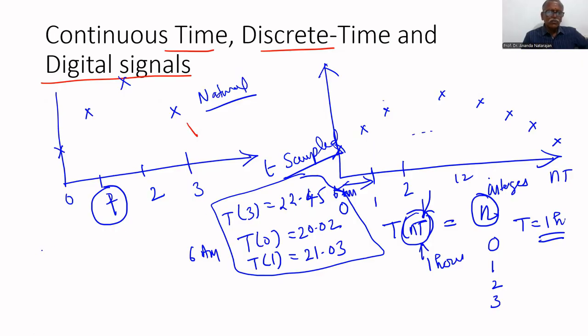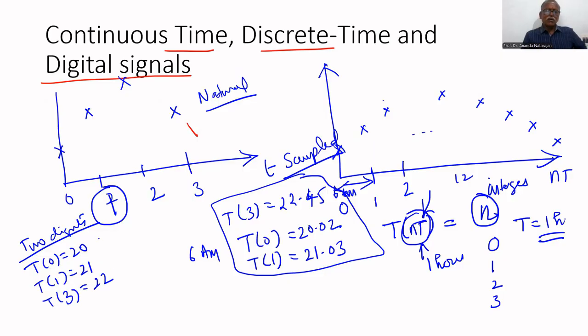Now, suppose we represent the temperature using only 2 digits. Then T of 0 equals 20, T of 1 equals 21, T of 3 equals 22, like that. Then it is called quantized. Here, the minimum value that can be represented by this quantization is 1. Therefore, the quantization scale is 1.